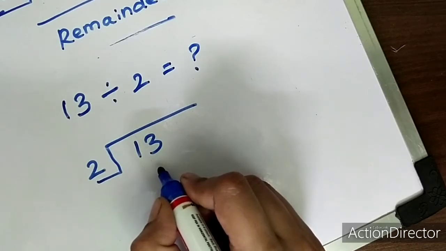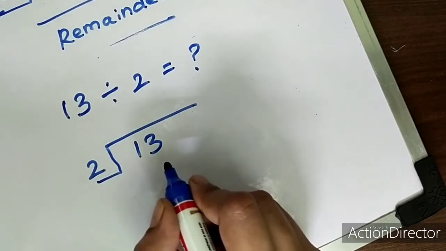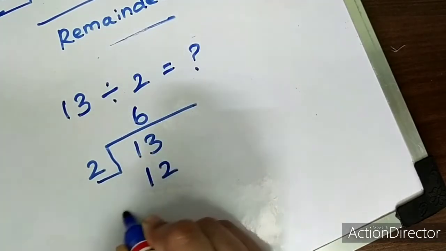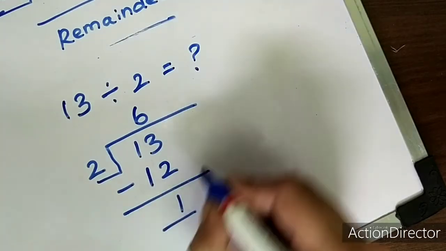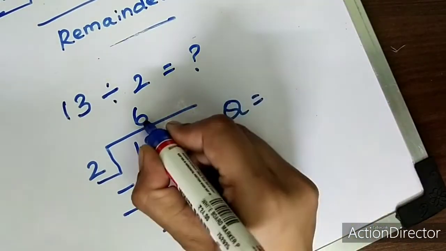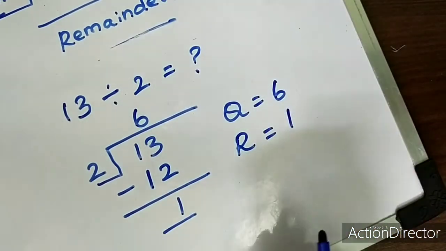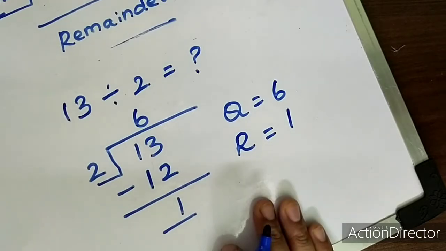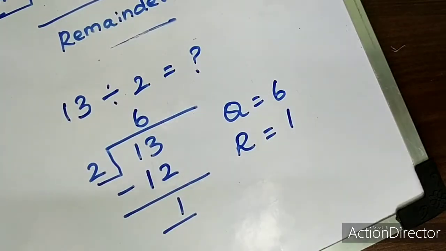We should take the number less than 13. 2 sixes are 12. Now we subtract: 13 minus 12 will be 1. So the quotient is 6 and the remainder is 1. This is long division with remainder.